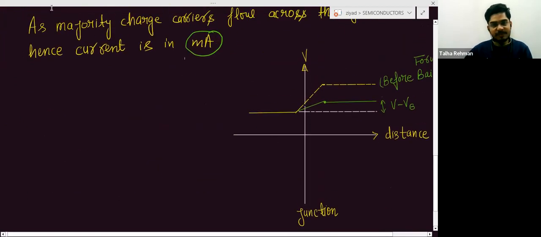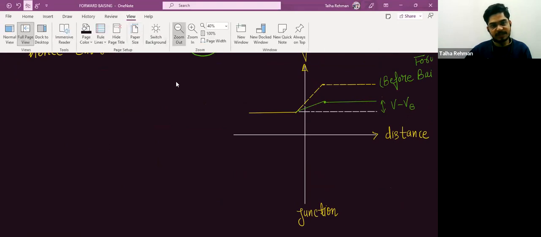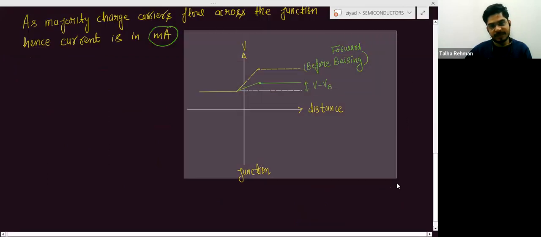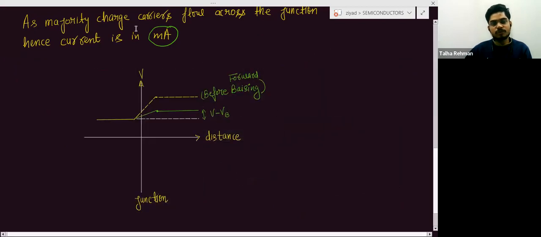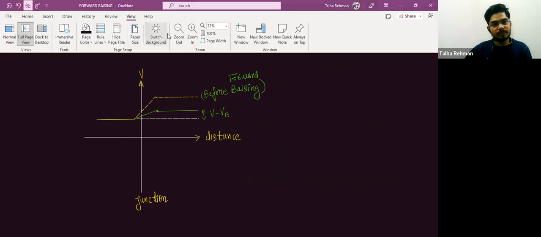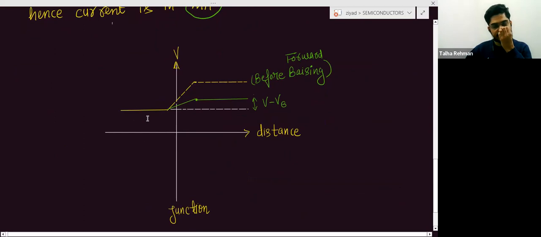So this is the graph of the potential barrier across the junction, how the potential barrier across the junction will change. When the diode is in the normal condition, this is the condition when the potential difference across the diode is constant.